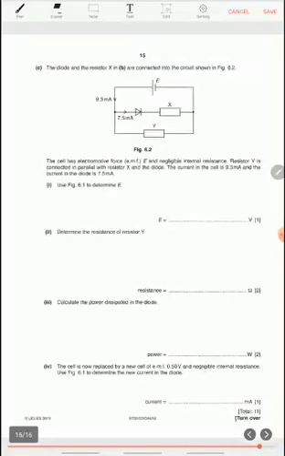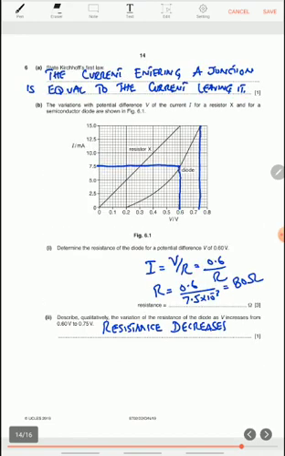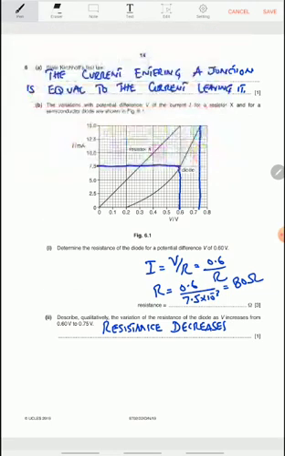It says the diode and the resistor are connected in the circuit. The cell has electromotive force E and negligible internal resistance. Resistor Y is connected in parallel with the resistor X and the diode. The current in the cell is 9.3 milliamps. Use the figure to determine E. Now, when you're talking about a current of 7.5 milliamps, the voltage across the resistor is 0.3 volts.